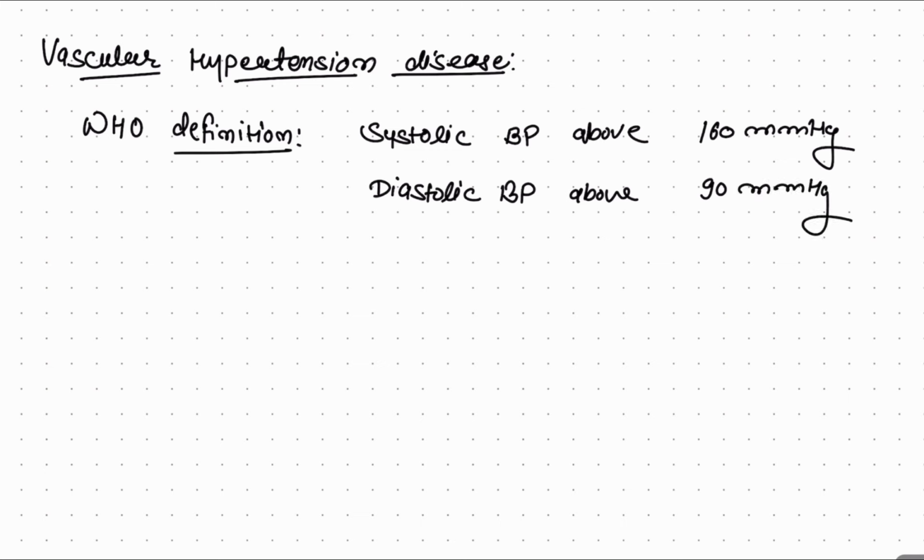Okay. Now let's discuss the types of hypertension. There are two types of hypertension. First is primary hypertension. Second is secondary hypertension. Primary hypertension is also called essential hypertension or idiopathic hypertension.